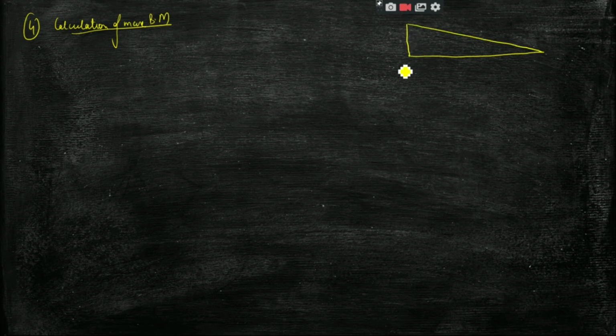The next step is calculation of maximum bending moment. For that, this is my UVL acting on AB length, and this is my section where shear force is 0.